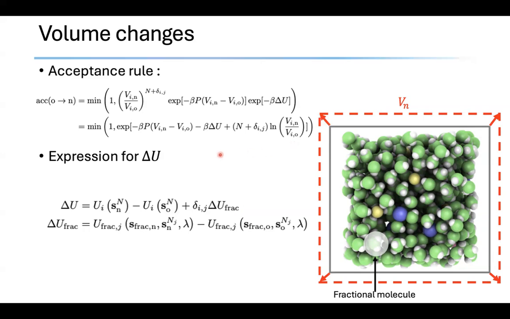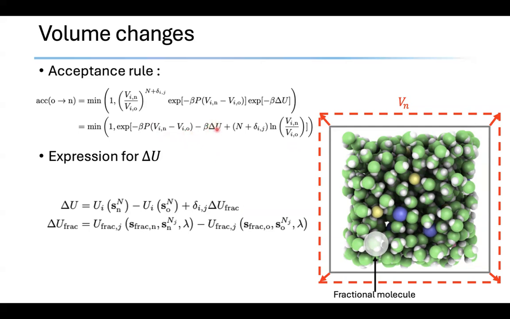What is important to notice is that you can see two new terms. You can see VIN, where i is the box index, and N means the new volume of box i. VIO means the old volume of box i.